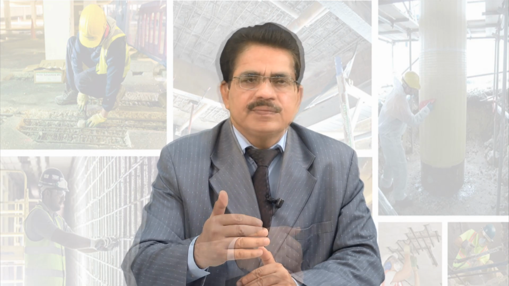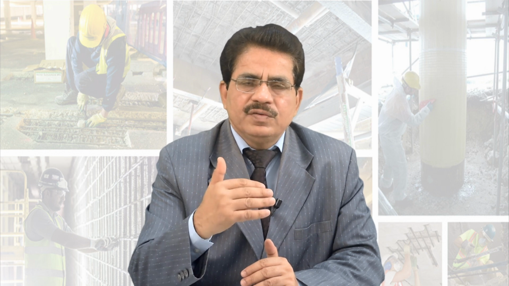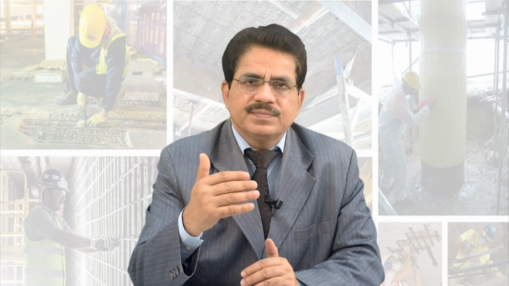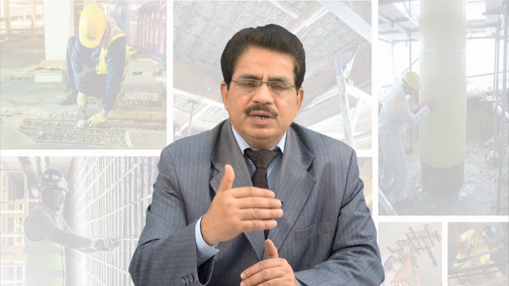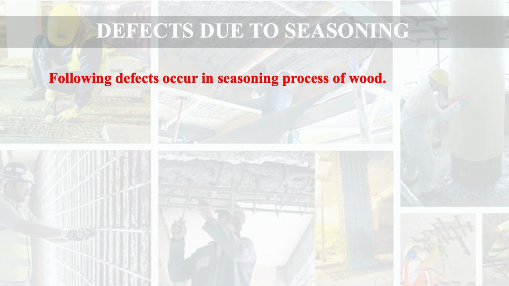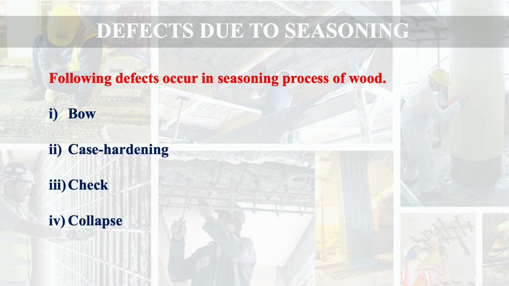So let us begin with defects due to seasoning. As you know that to protect timber from many defects and decay, we do the seasoning. And during this seasoning process also, there may be some defects in the timber. What are these defects? These are, first of all, bow. Second is case hardening. Third is check. Then 4th is collapse.